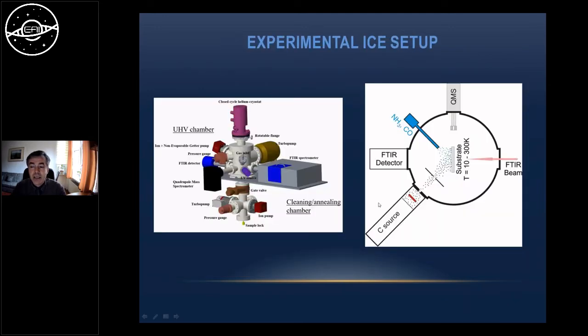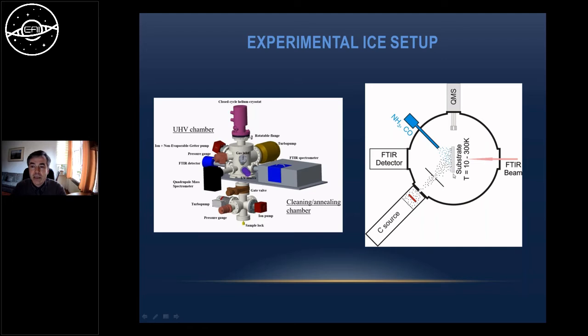We decided to test experimentally whether it is possible to form aminoketene in our experiments. We use an experimental setup, which is shown here in the figure.